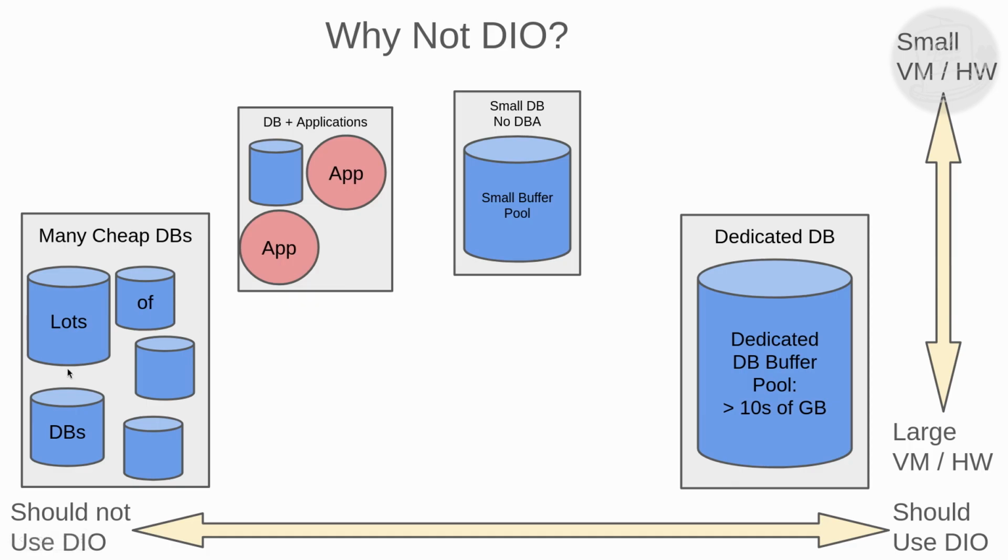So whenever you have a lot of DBs running simultaneously, it makes more sense not to use direct IO in Postgres. In a multi-tenant system, it's better not to use direct IO. If you have a single tenant that's just doing one thing, then direct IO might be the best option for them.